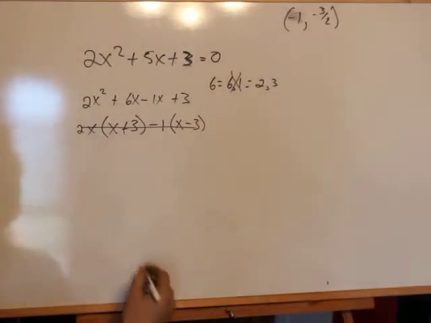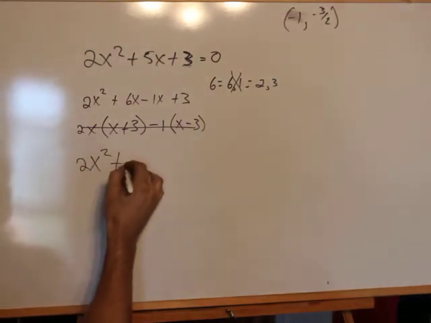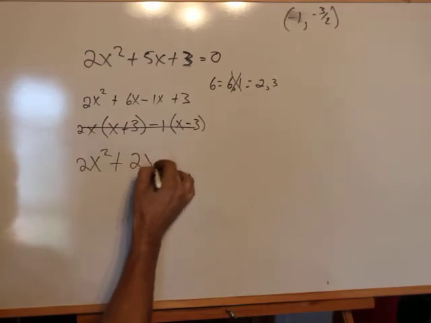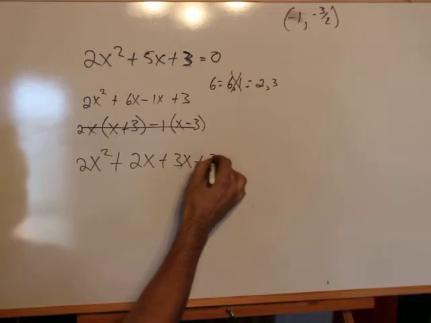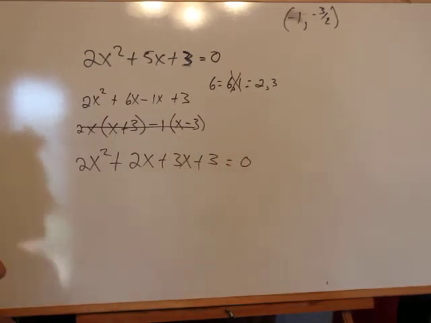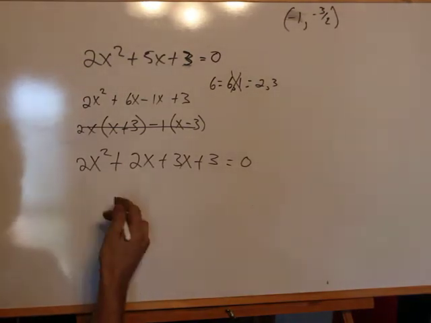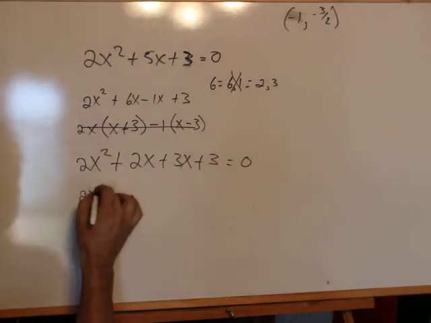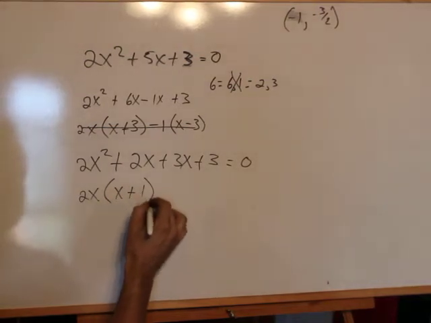So now let's try the 2 and the 3. Do the same thing. 2x squared plus 2x plus 3x plus 3. Go ahead and set that equal to 0. So factor by grouping. We have 2x. We factor that out, we get an x plus 1.